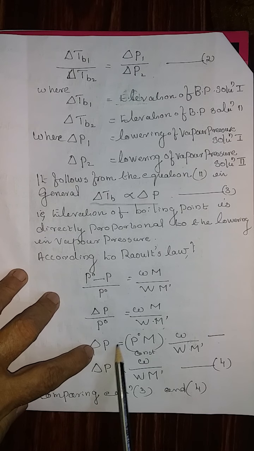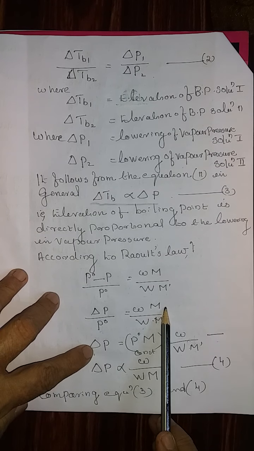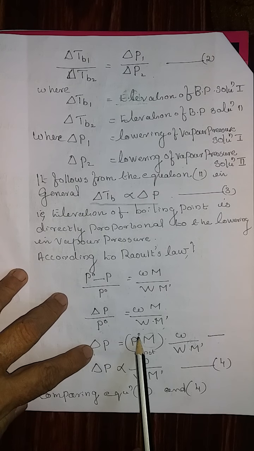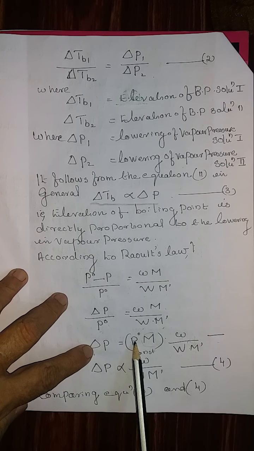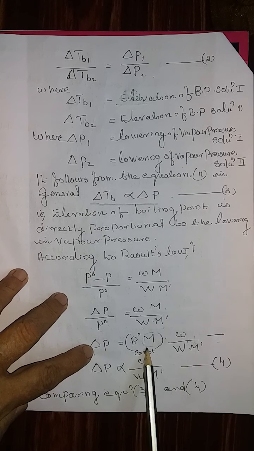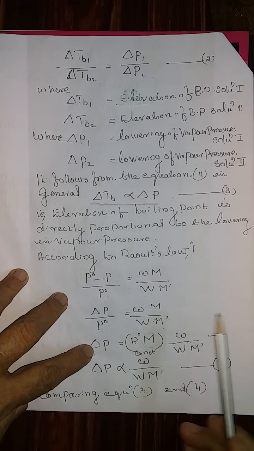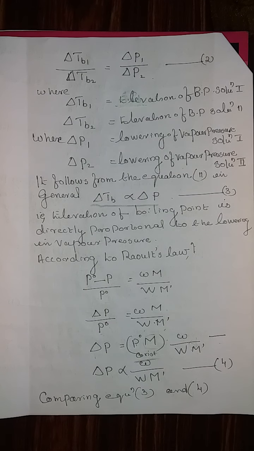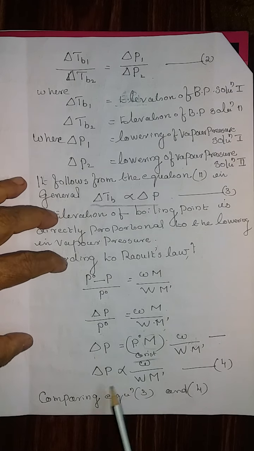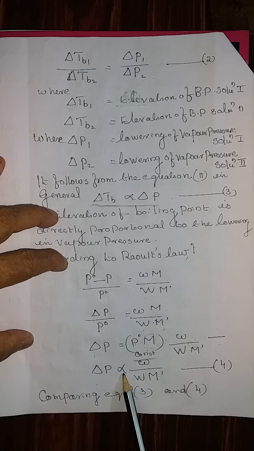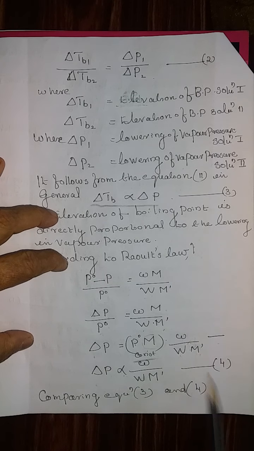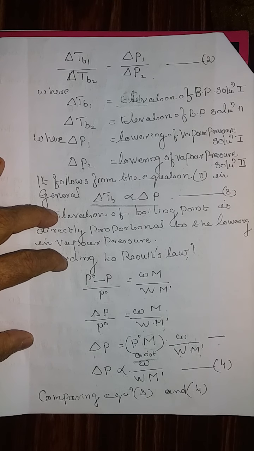Delta P is equal to, bringing the P0 to this side, P0 and capital M. P0 is the pressure of the solvent and capital M is the molecular mass of the solvent. These two factors, just like the earlier equation, are constant. Therefore, we can write delta P is directly proportional to small w by capital W into M dash, which is equation number 4.